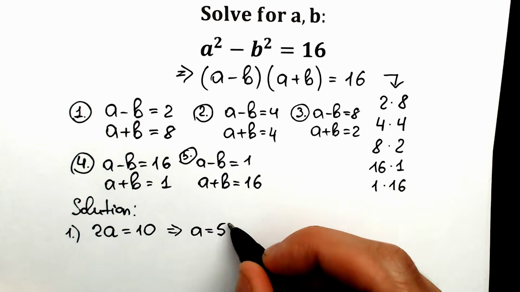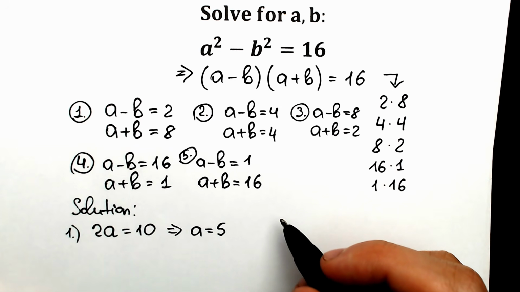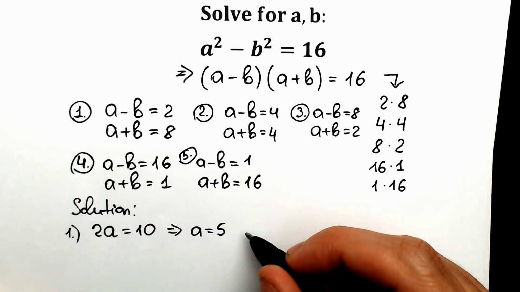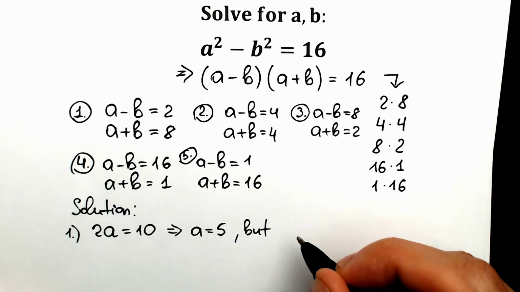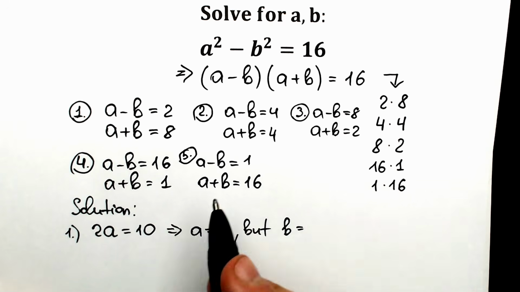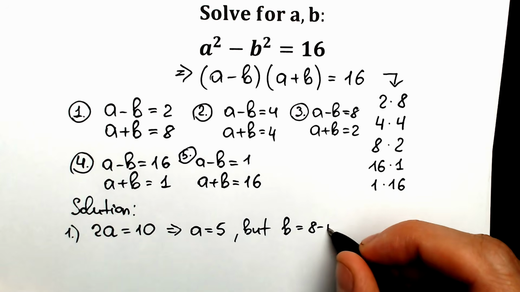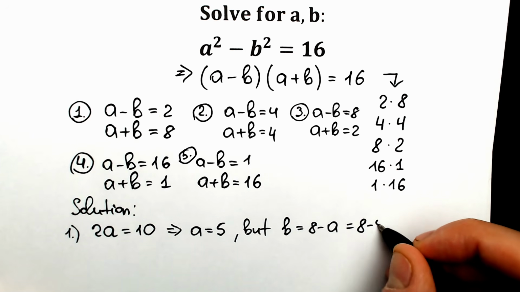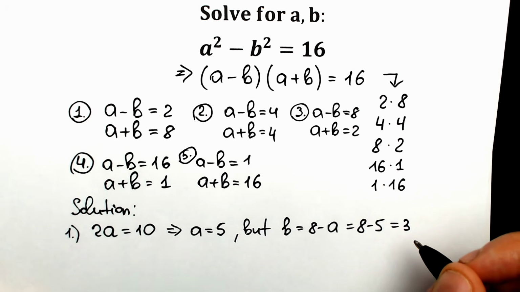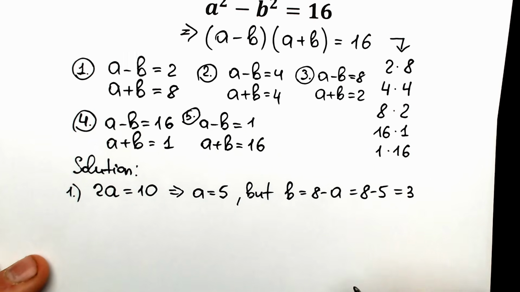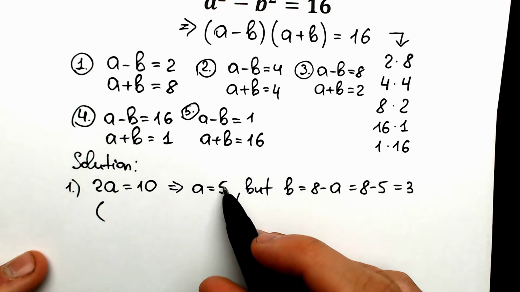In the same way, let's solve for b from the second equation: b equal to 8 minus a, so 8 minus 5, equal to 3. So we have our first pair: 5 and 3.